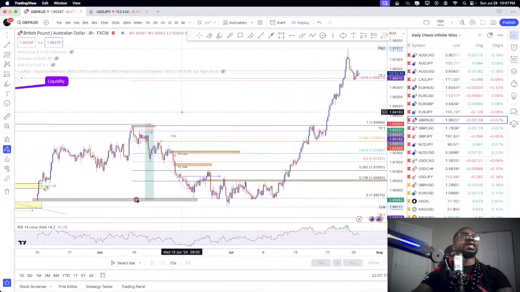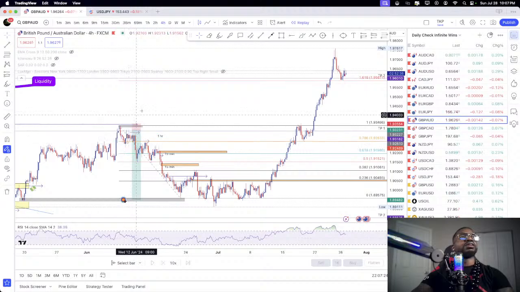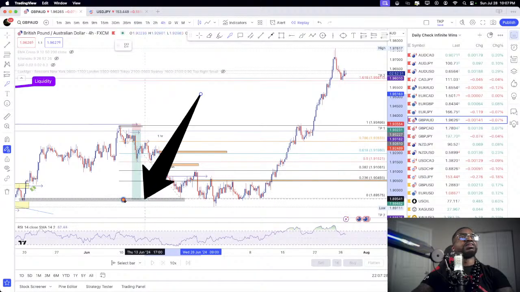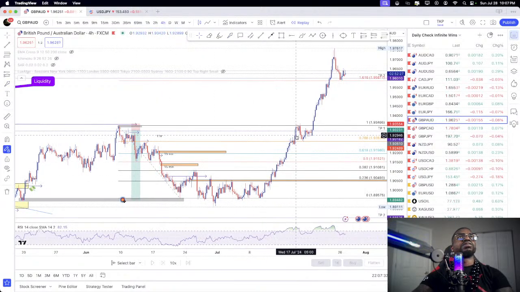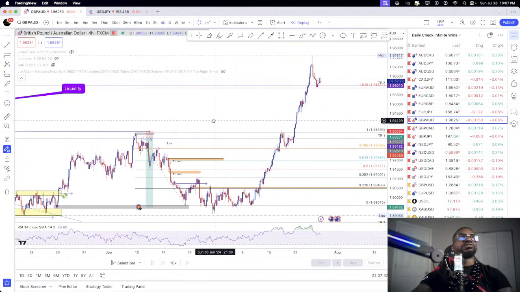Oh, look at that. Now, I don't know why we didn't buy this, but this is just poetry in motion right here. A sale right into your buy zone, and as soon as it hits, it takes off. Now, I don't know why we didn't take that trade.